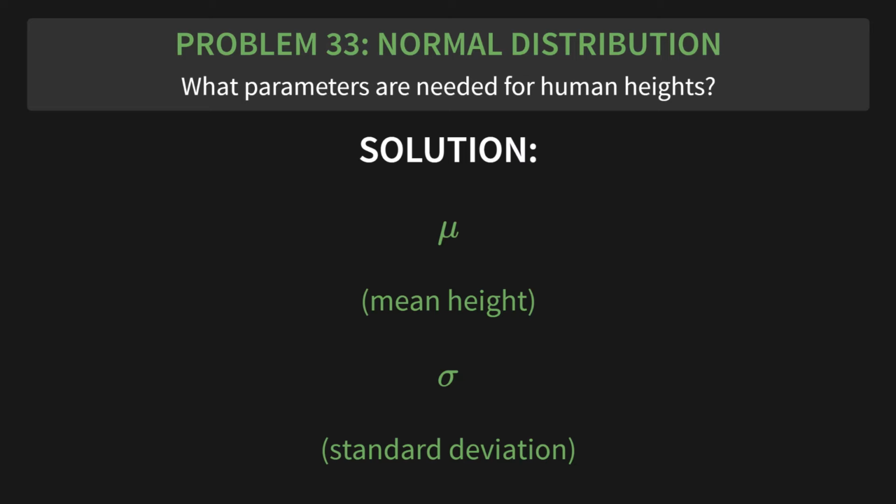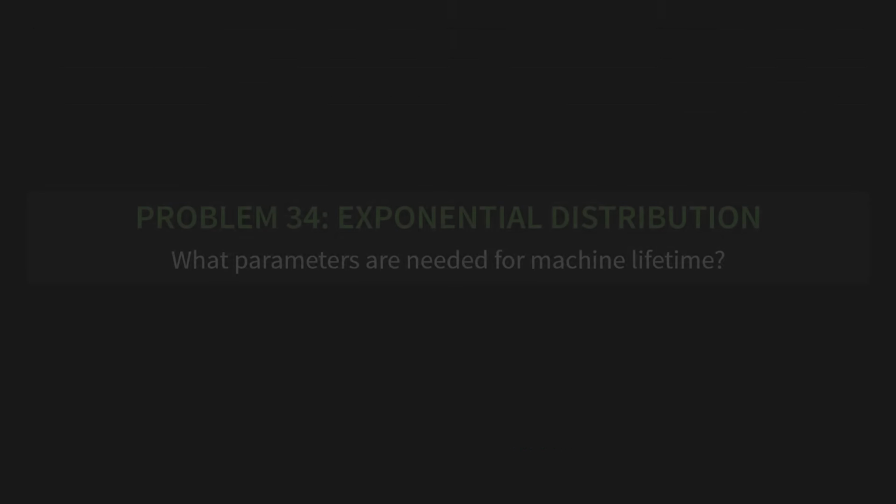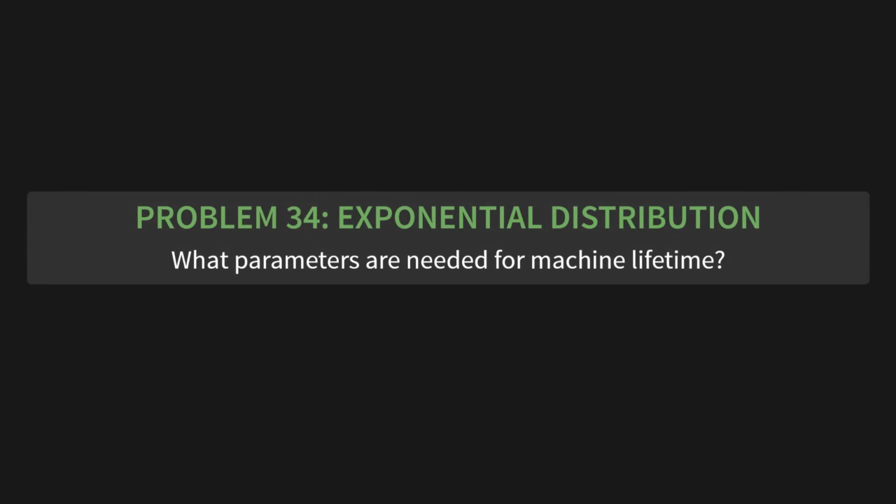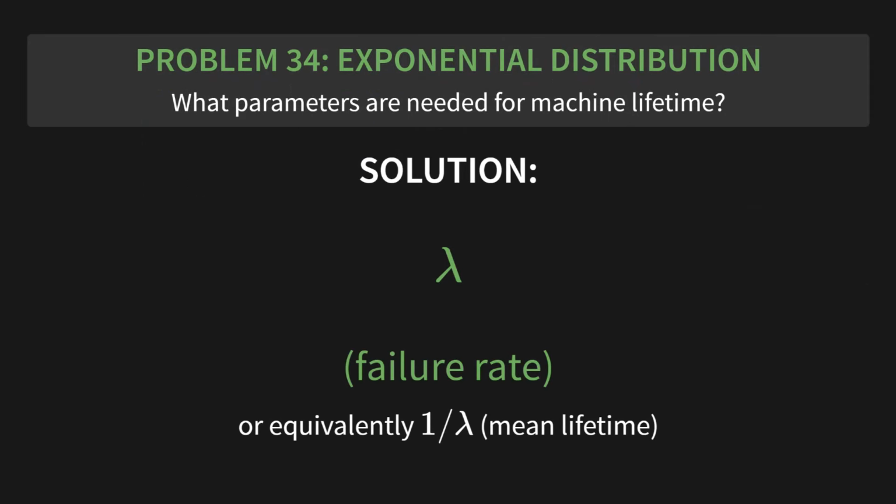What parameters are needed for an exponential distribution for machine lifetime? Lambda, the failure rate, or equivalently 1 over lambda, the mean lifetime.